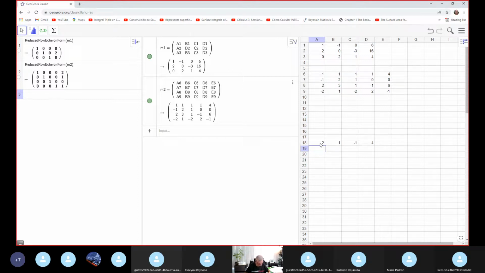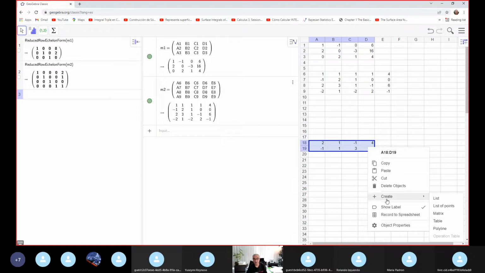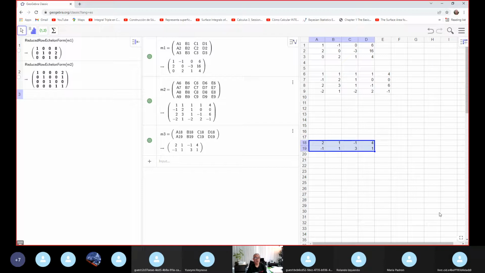Then -1, tab, 1, tab, 3, tab, and 1. Enter. Finish. This is my system. I select it, right click, create matrix. Boom. This is example 3 and the name of the matrix is M3.